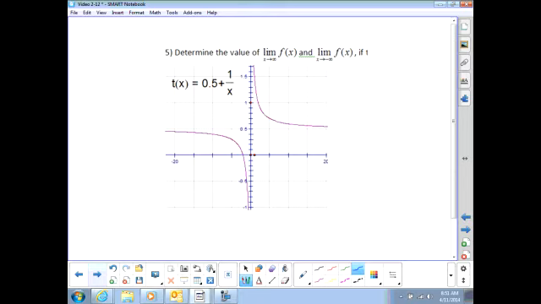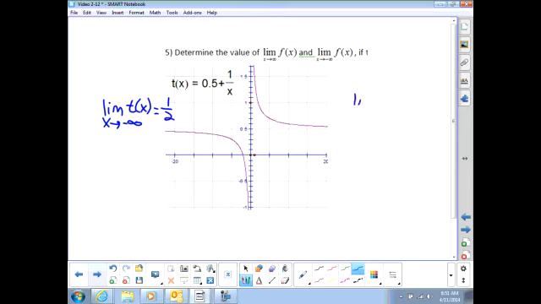So this first one on the bottom of page 5 on the left, our limit as x approaches negative infinity, we've got t of x for our function. As we go really, really far to the left, you'll see we are getting closer and closer in our y values to 1/2. Same thing on the right.